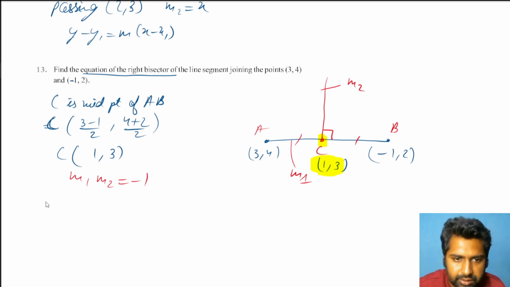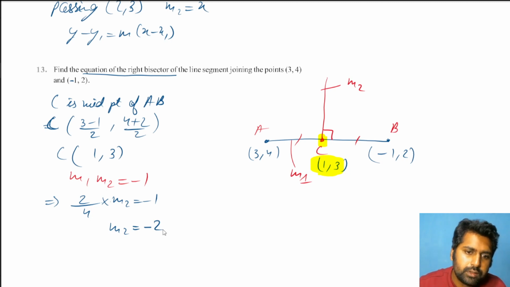Let's calculate M1. M1 will be y2 minus y1 over x2 minus x1. So 4 minus 2, 2 upon 3 minus minus 1, that's 4, into M2 we don't know, is equal to minus 1. So M2 is equal to, this is 1 by 2, that becomes minus 2.